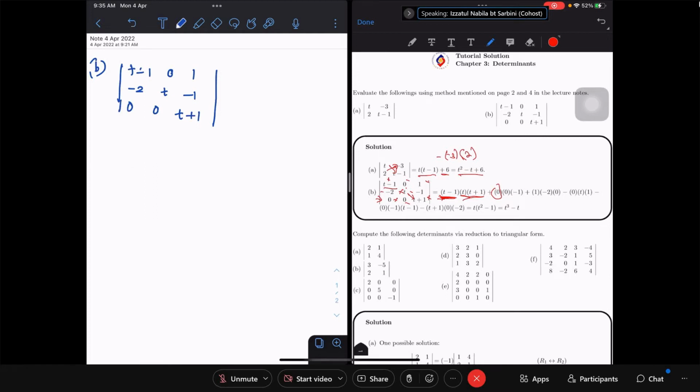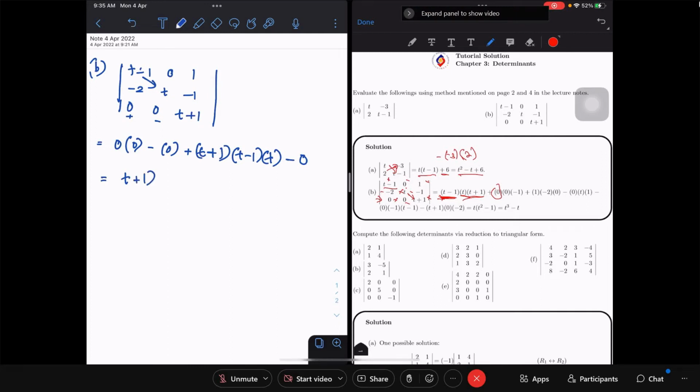So the first term will be 0, no need to write it. The second is minus, also 0. And then plus (t plus 1) times the cross multiplication, (t minus 1) times t minus 0, because of negative 2 times 0.